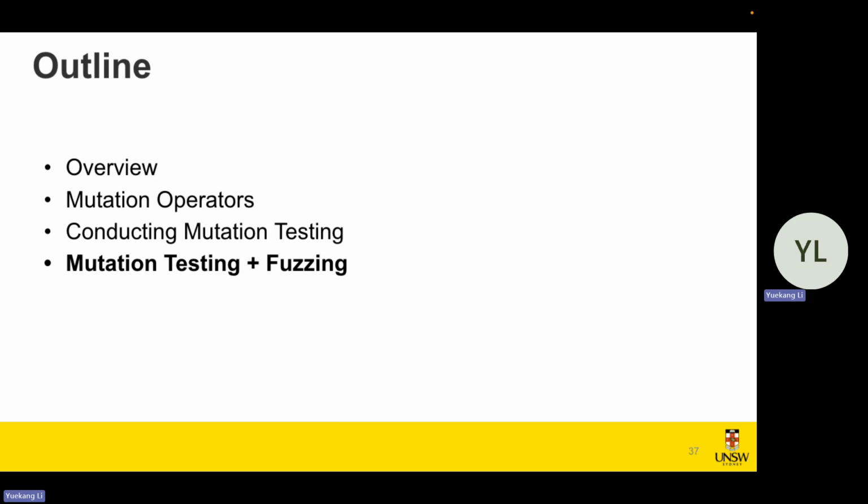If a test passes the original program but fails the mutant, then this mutant is killed. And if a mutant is not killed by any test case, then this mutant is considered alive. And we can use the number of killed mutants to calculate the mutation score, of course.